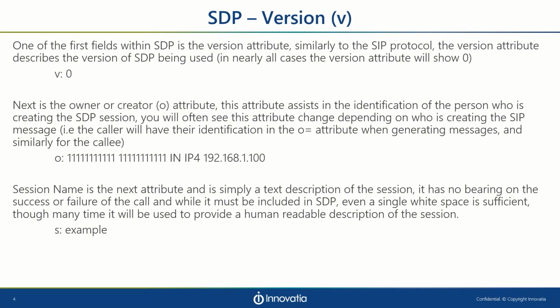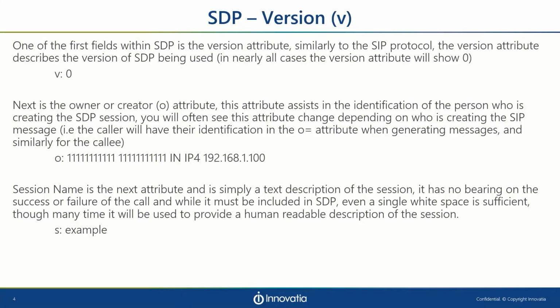If you're working in a research and development role, or perhaps in some kind of demo lab, you potentially might see something outside of version 0, but in live production networks and traffic, version 0 is going to be the standard. It's what we would expect to see.